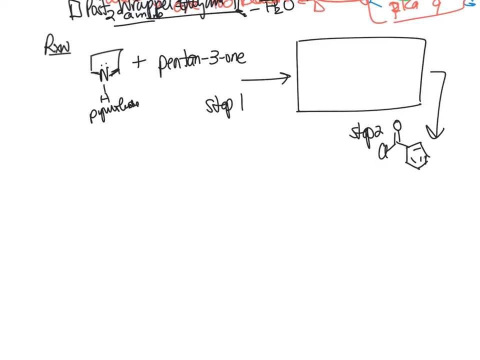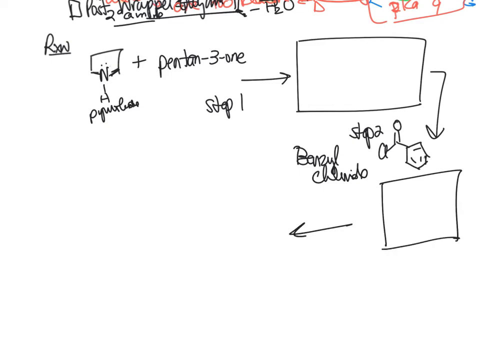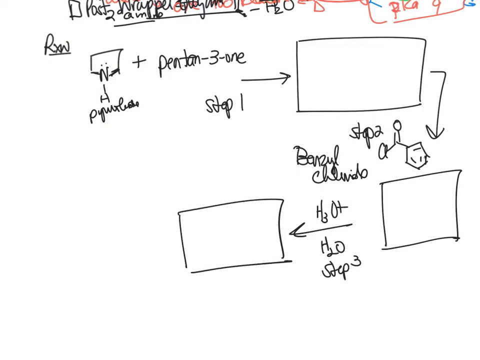All right, so that benzyl chloride, what is in that box? And then I want you to show the H3O plus in the water, step 3. Okay. So you have those 3 boxes, so that's problem number 1.